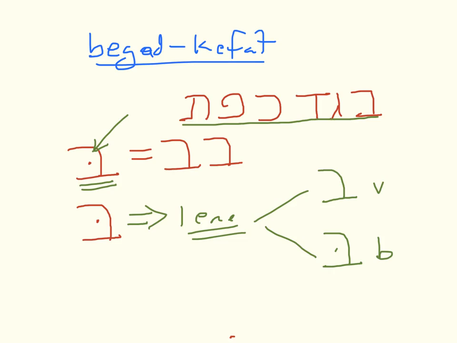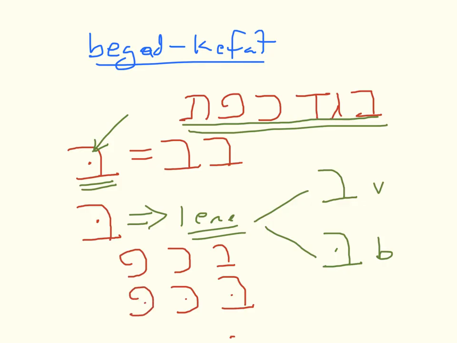Now, in ancient pronunciation, all six of the Begadkephat letters had a different sound when they had a dagesh and when they didn't. However, using modern pronunciation, only three of the Begadkephat letters have a different sound when they have a dagesh, namely beit, kaf, and pei.